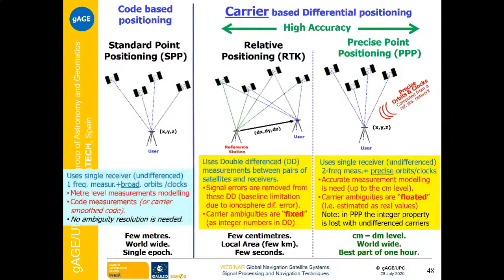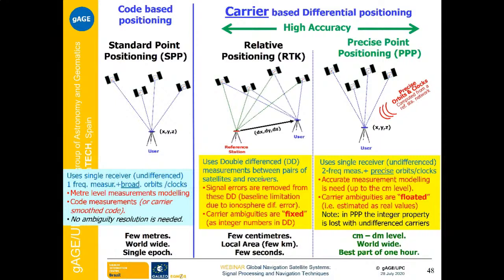In the case of code-based positioning, there is no limitation, and there is no ambiguity involved. In RTK, we use double differences between pairs of satellites and receivers in order to remove the real-valued terms that correspond to the satellite and the receiver.